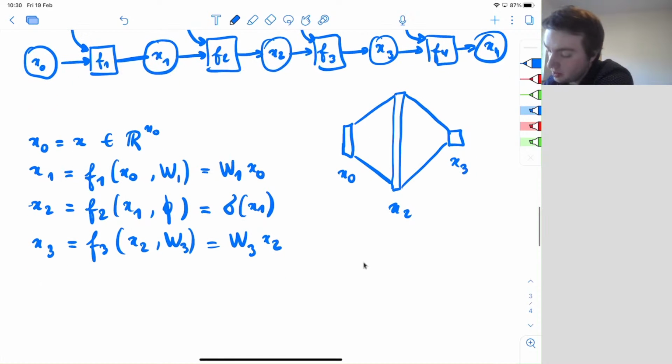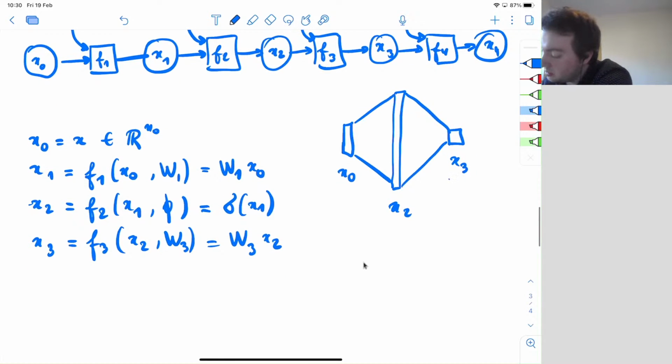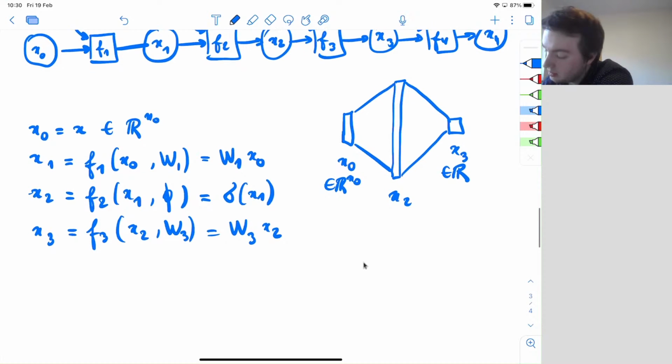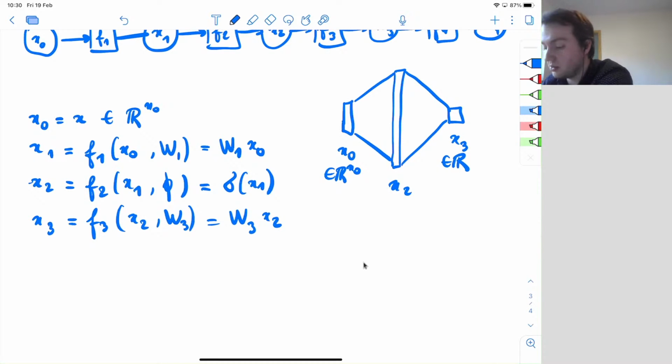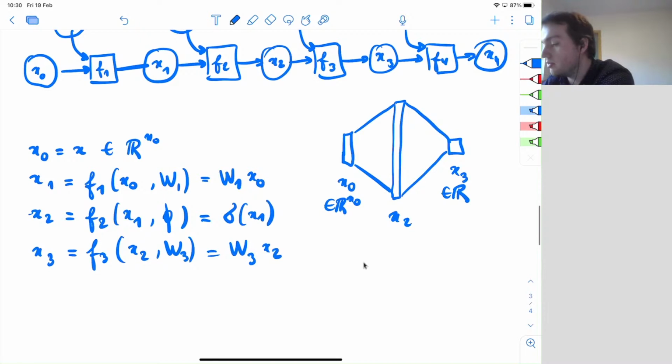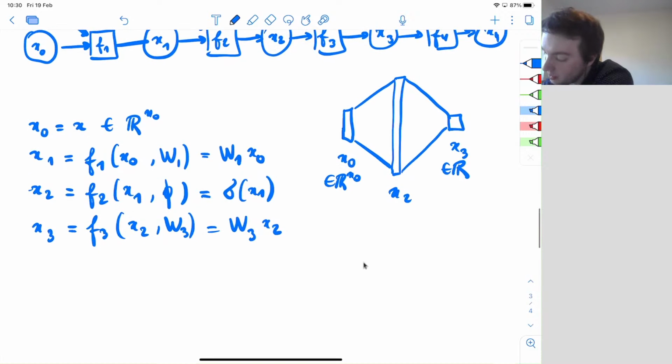This one belongs to R^n0, and the dimension of x2 depends on the number of units we would have put in our first layer. Then x3, we would interpret as our predictions.